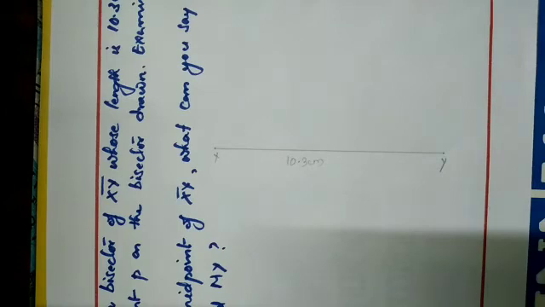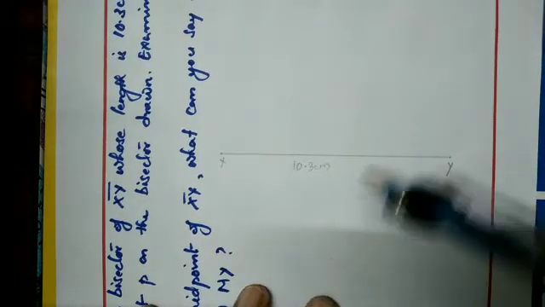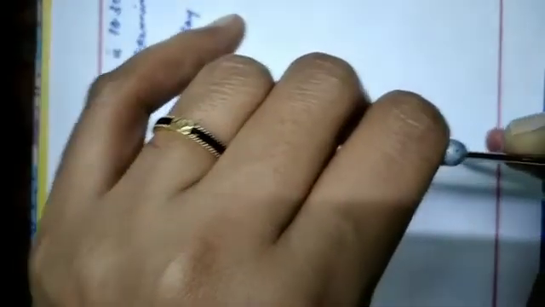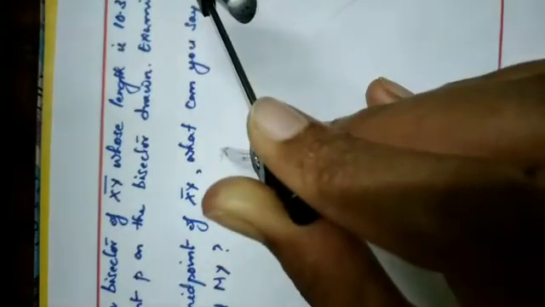First you have to draw the perpendicular bisector. All of you know how to construct the perpendicular bisector. Place the compass needle at one end and take more than half radius on your compass. Draw two arcs above and below the line on the two ends, here and here.